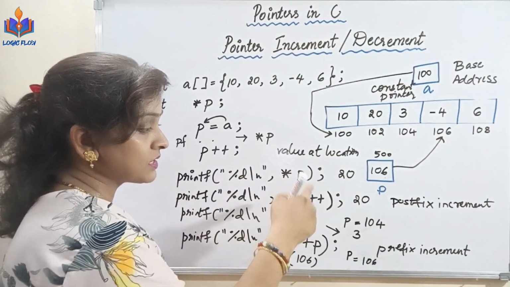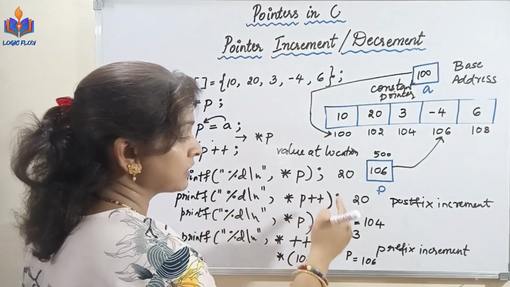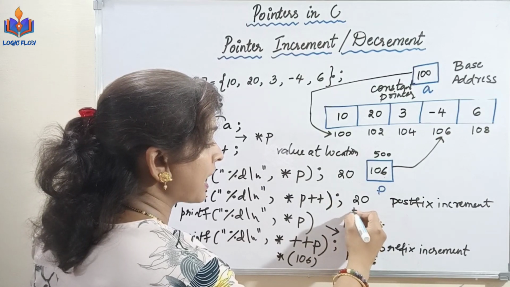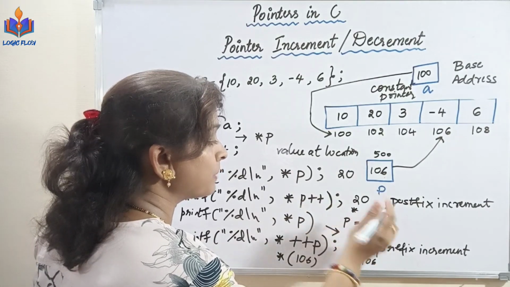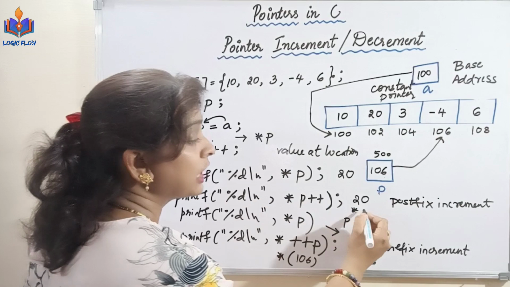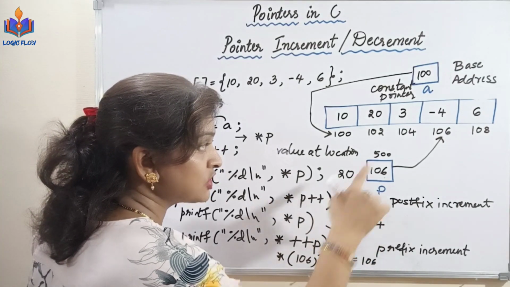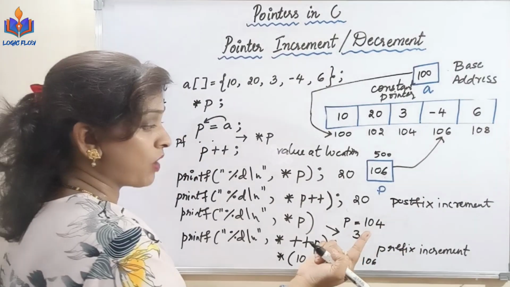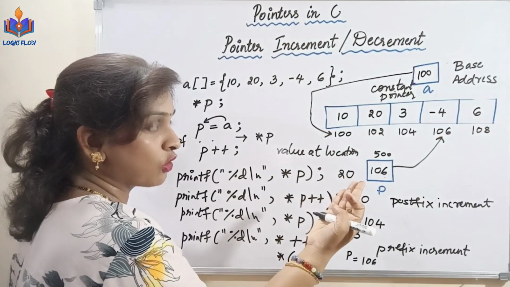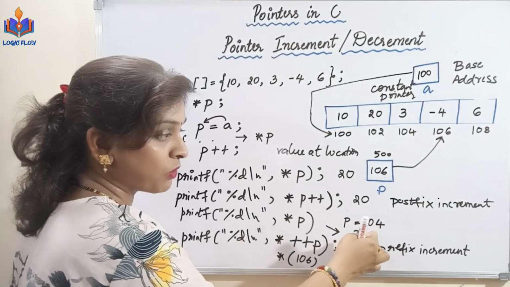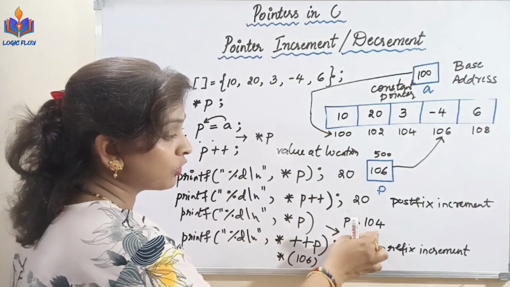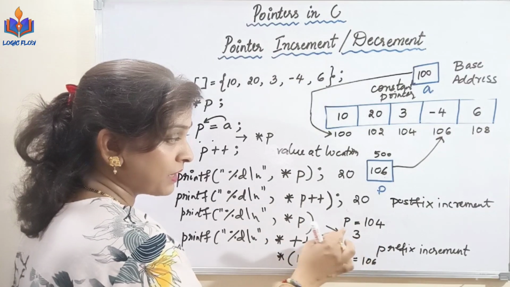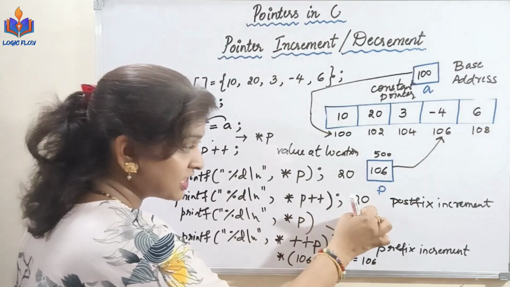Here it was asterisk P plus plus. It means it took the original value of P, which was 102. So asterisk 102 means I got 20. Then P gets advanced, so P will point to 104, the next location. When I say asterisk 104, I get 3. My answer is 3.